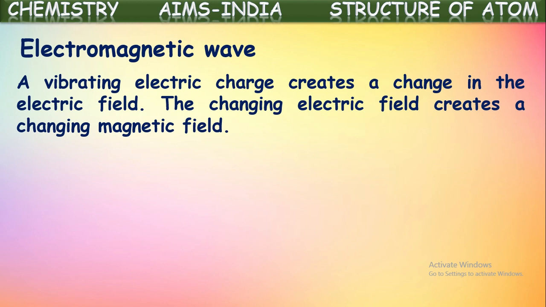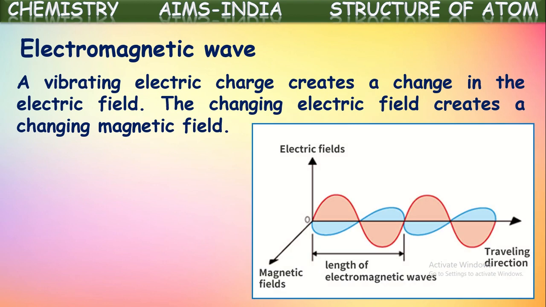The change in the electric field creates a change in the magnetic field also. In this way, when an electric charge is vibrating, there will be changes in both the electric field as well as the magnetic field.